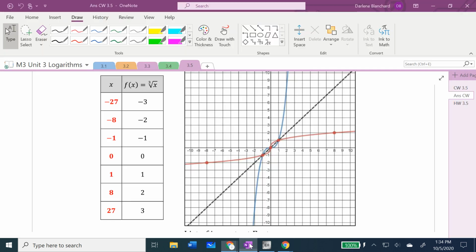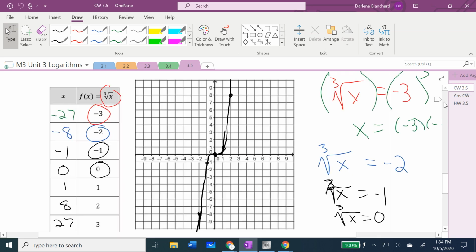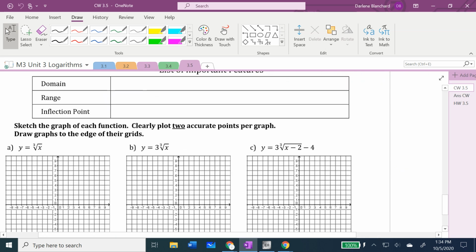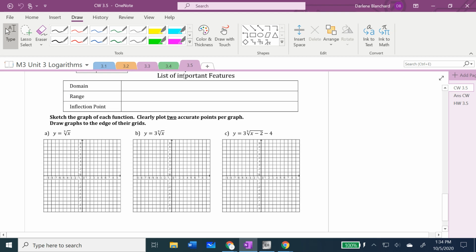And then for practice, I need to write the domain, range, and inflection point. You ready for some free points? Free points are if I ask you domain and range, because all real numbers go in, all real numbers come out.